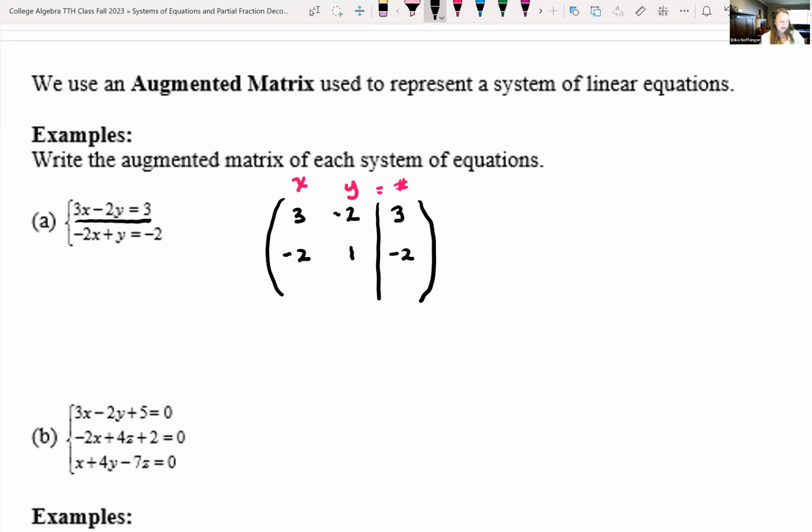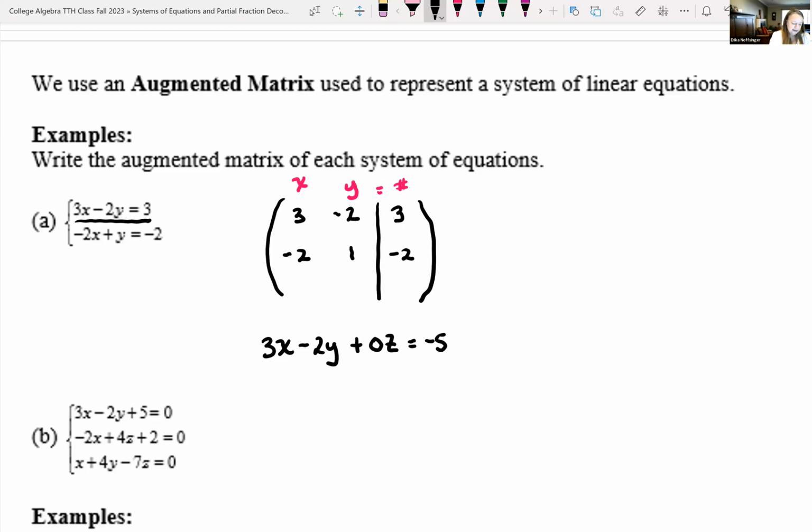I noticed that I have x, y, and z's in my equations. So let's first rewrite this before we write the augmented matrix. I'm going to subtract 5 on both sides of that first equation. And if I did so, I would have 3x minus 2y. I notice there's no term with z in here, so we can just put a placeholder if we want, plus 0z is equal to negative 5.